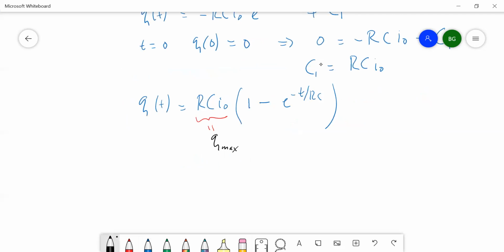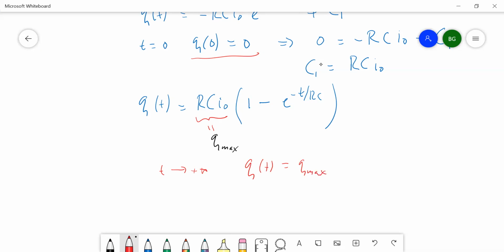Why is it maximal? Because at t equals 0 the charge is 0, but if t goes to infinity, for a very long time, the capacitor will reach its capacity, and the charge equals Q max.